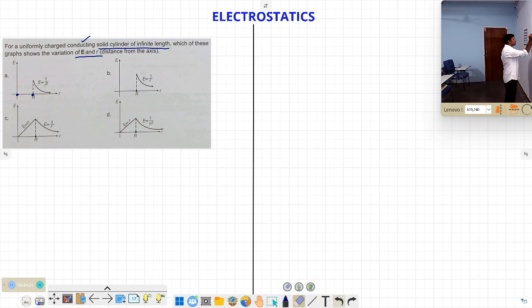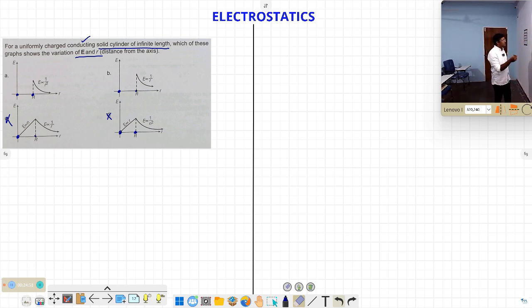From the center to the surface there is no electric field, so this may be correct. In the second one also, from center to surface there is no electric field, that may also be correct. In the third one, from center to the surface there is electric field, so this is not correct. The fourth one also has electric field from center to surface, so it is not correct. So the first and second options contain our answer.